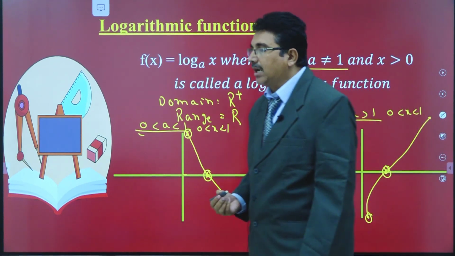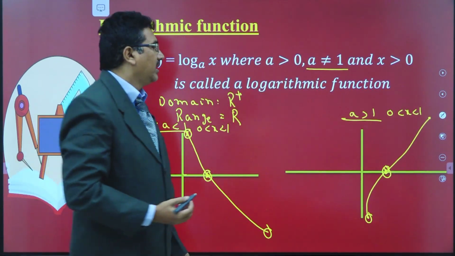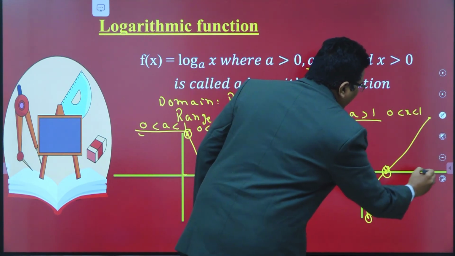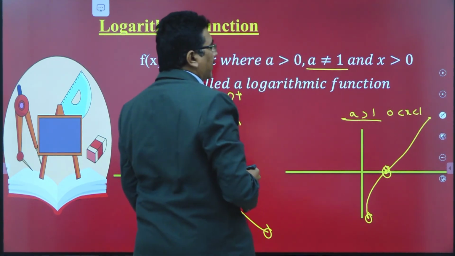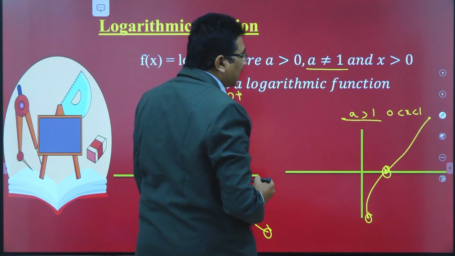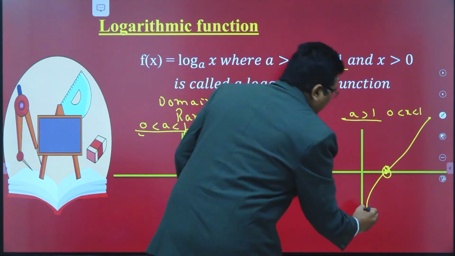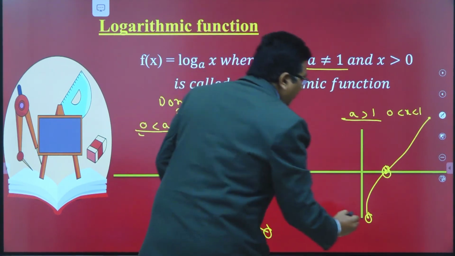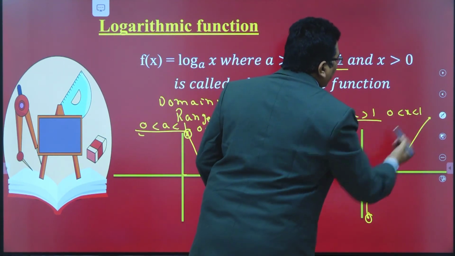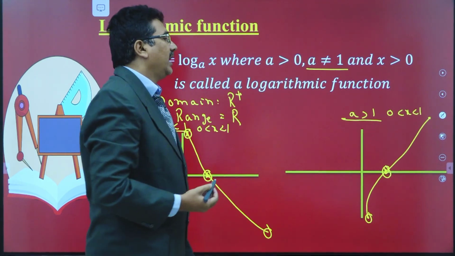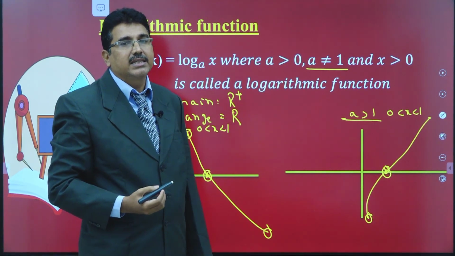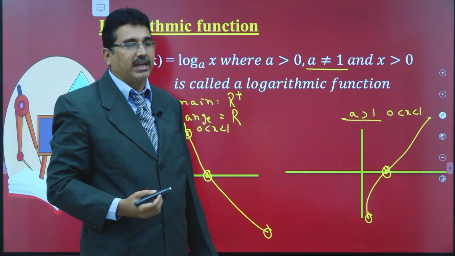Now, in the case of a greater than 1, as x increases from 0 to infinity, log x base a values increase from minus infinity to infinity. In this case, log x base a is an increasing function.